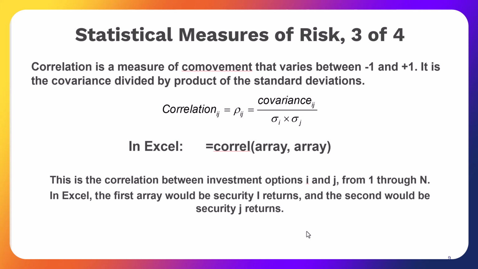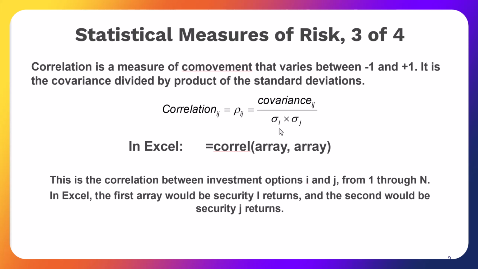Correlation is the statistic that we really want to talk about. Correlation measures co-movement, but it standardizes that so it ranges from -1 to +1. It essentially is the covariance divided by the product of the standard deviations.